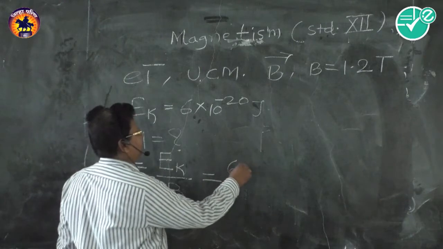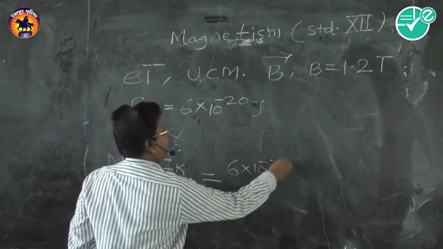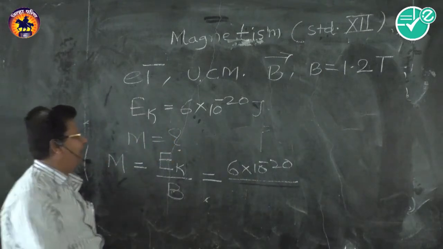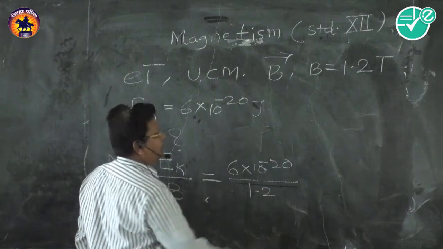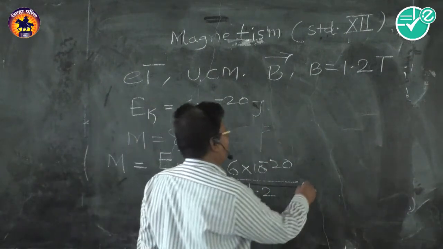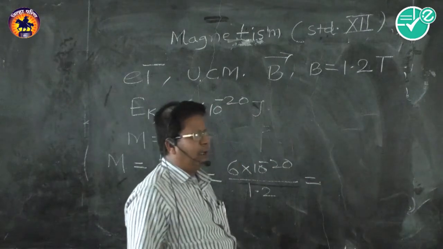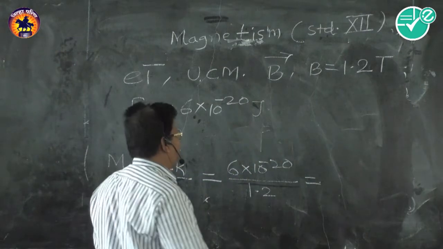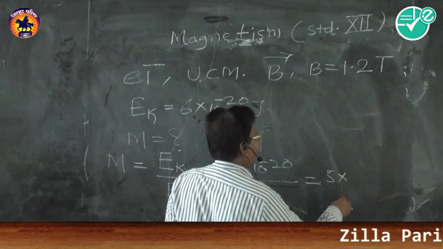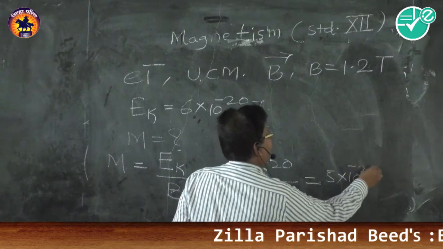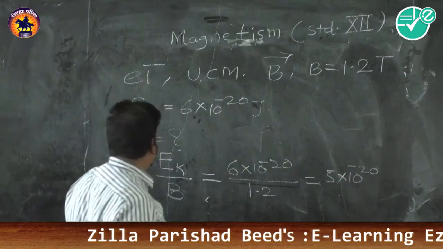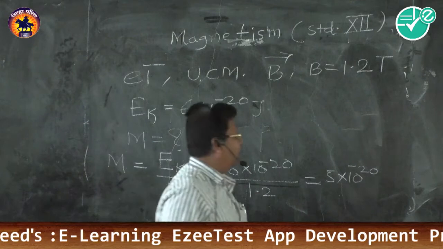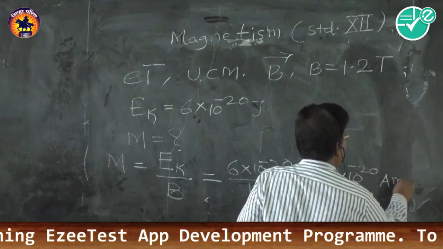The value of kinetic energy is 6 into 10 to the power minus 20 joule divided by the value of magnetic field, which is 1.2 Tesla, and if we solve this, we get the value of orbital magnetic dipole moment, which comes out to be 5 into 10 to the power minus 20, and the unit for magnetic dipole moment is ampere meter square.